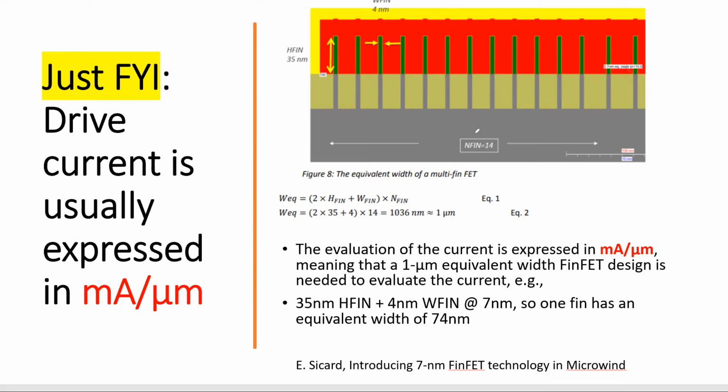So when you measure your current, that's how you do it. In this case, you measure 14 fins together, and that's the total current you obtain. One fin has 74, you need 14 to make 1 micron, so you measure 14 fins to get your current, and that's how you report it.